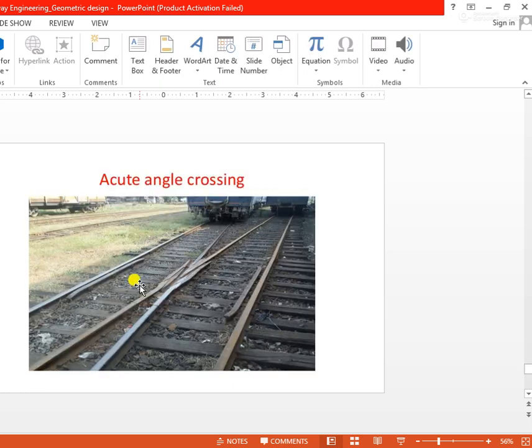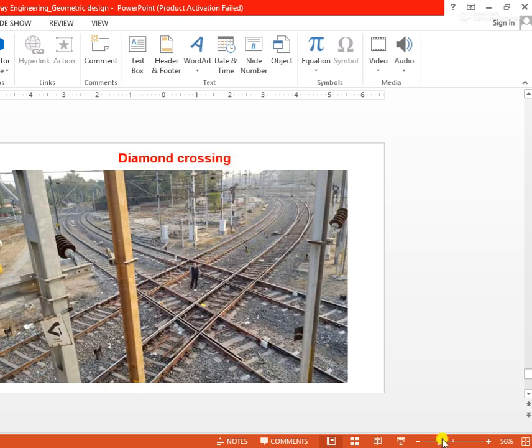So the conventional crossing component we can also call the acute angle crossing. Such a definition is not available, just the type is important and the picture is important for crossing as well as for acute angle crossing. After acute angle crossing there is diamond crossing.